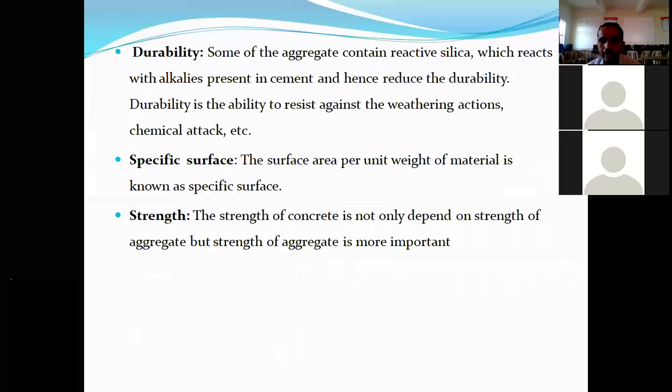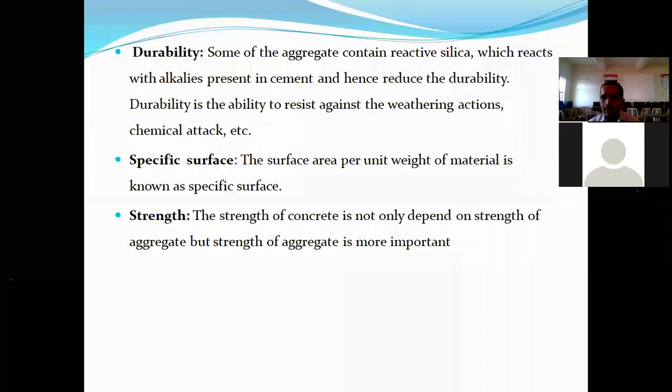So aggregate having greater durability is useful for the construction work, because if the ingredients of the concrete have greater durability, then our structure will definitely have the maximum durability against weathering action and other chemical or disintegrating forces.